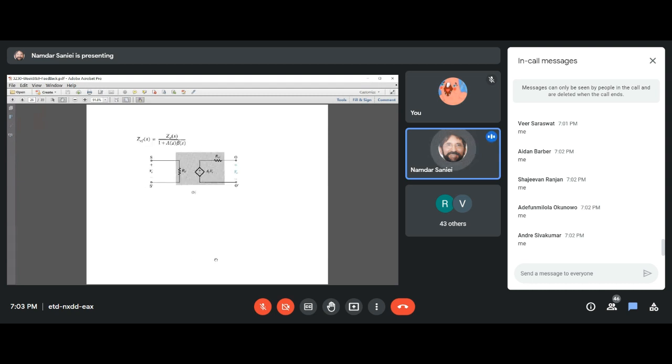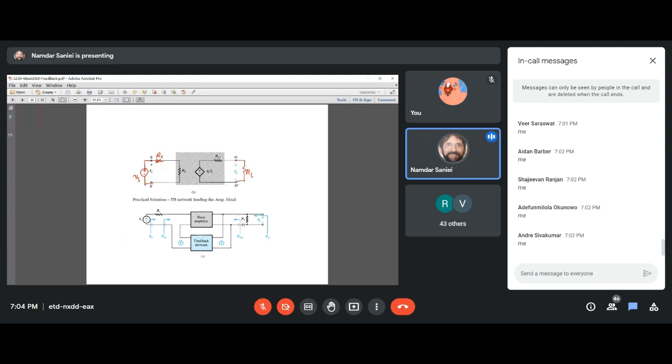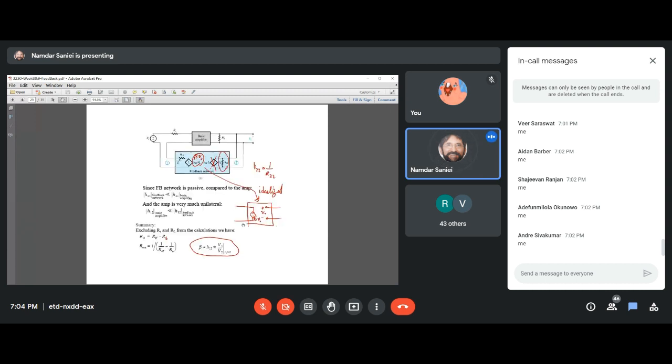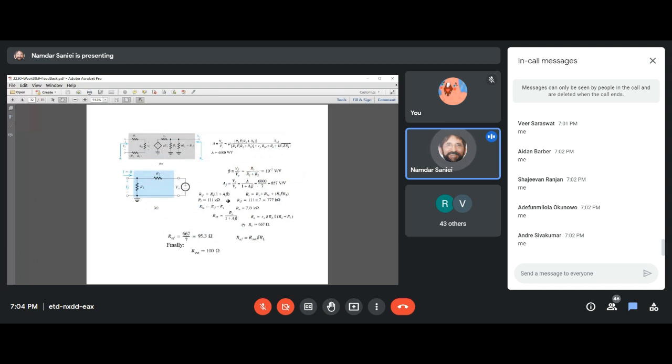However, when we have included the RL just so that we make the circuit look like the ideal situation that we had previously, then at the end, when we find that resistance, we need to give that resistance back, because in reality, the RL does not belong to the amplifier.